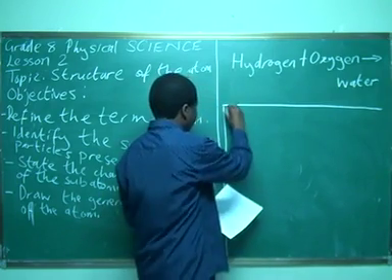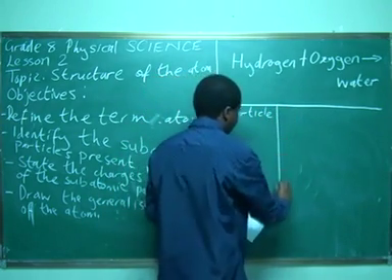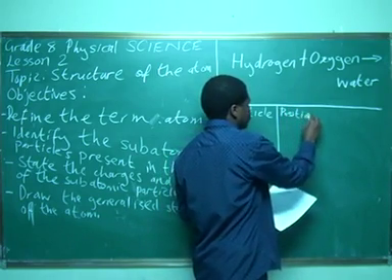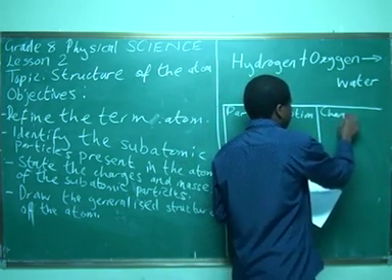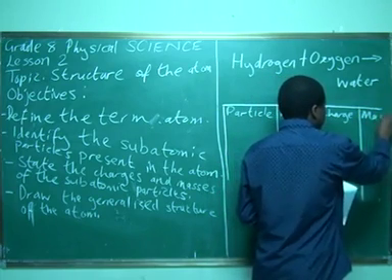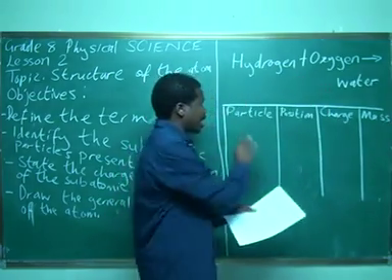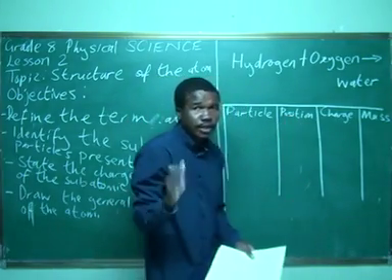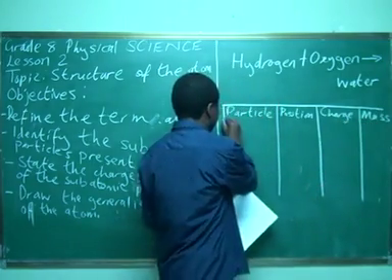So we're going to have position. In this table, I'm going to write the name of the particle, the position where it is found, the charge, and the mass.